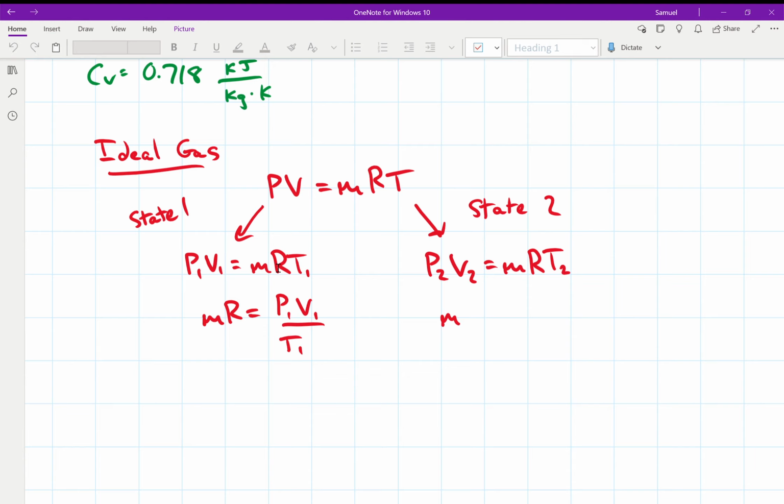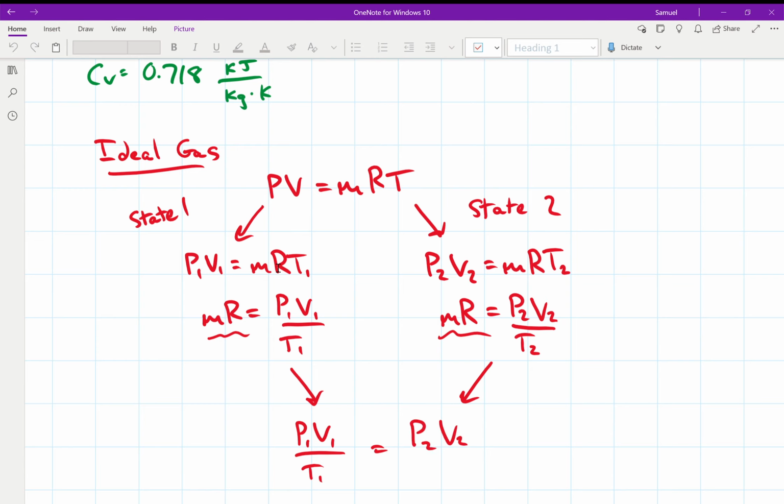What we can then see is that mR is in each of these equations, which means we can just set P1 V1 over T1 equal to P2 times V2 over T2.